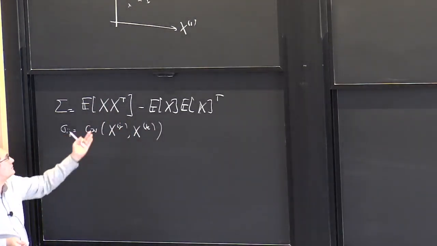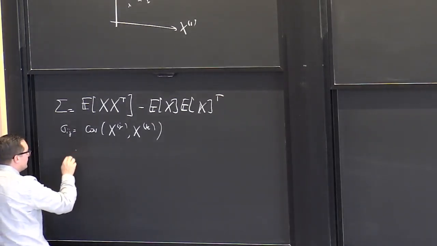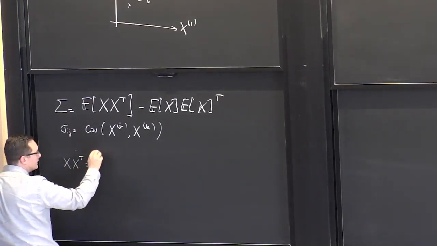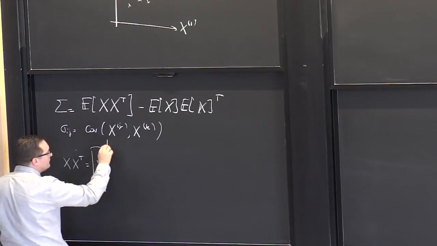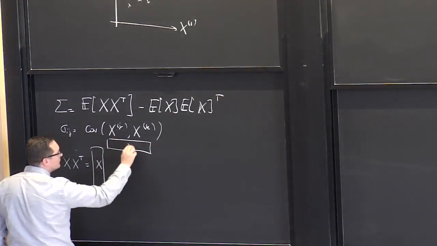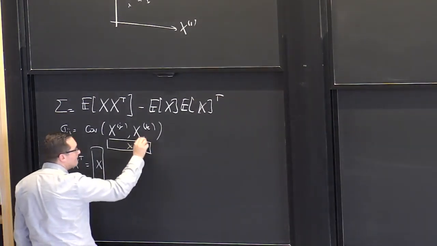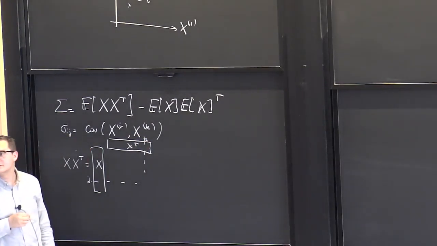Okay, so let's see what's on the jk entry. So when I look at x x transpose, what I'm really doing, so if I write x x transpose, this is a matrix that looks like, well, I look at x multiplied by x transpose, this vector. So the entry here in jk is what? What is the jk entry of the matrix x x transpose?